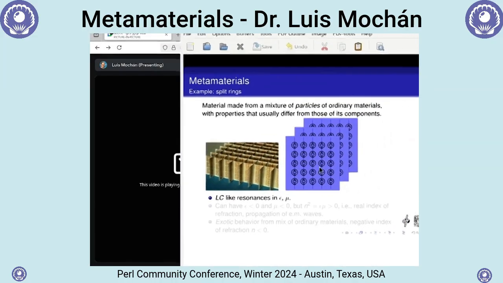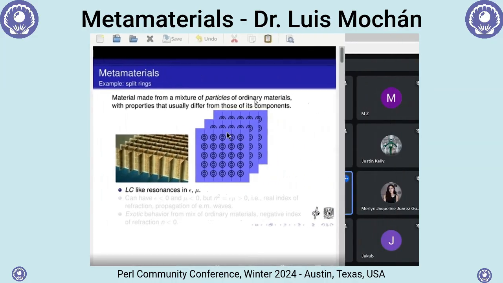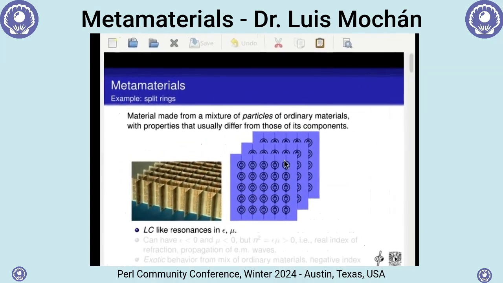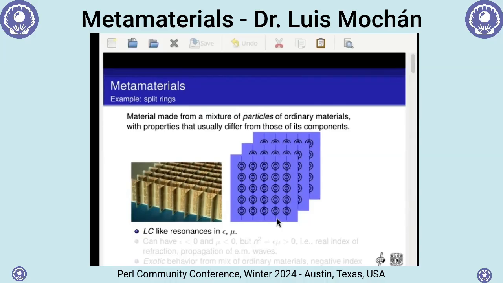So, for example, I show you here one of the first and quite famous metamaterials, which is the split ring resonators. What I'm showing you here are electric boards that have printed circuits, with metallic traces on them. These traces have the shape of a ring, but the rings are interrupted.